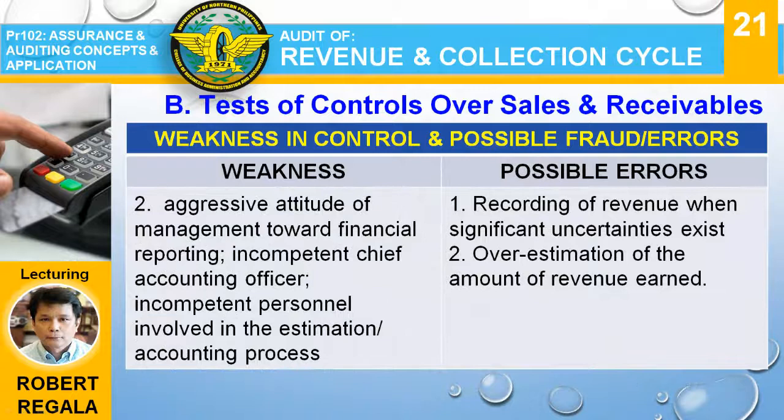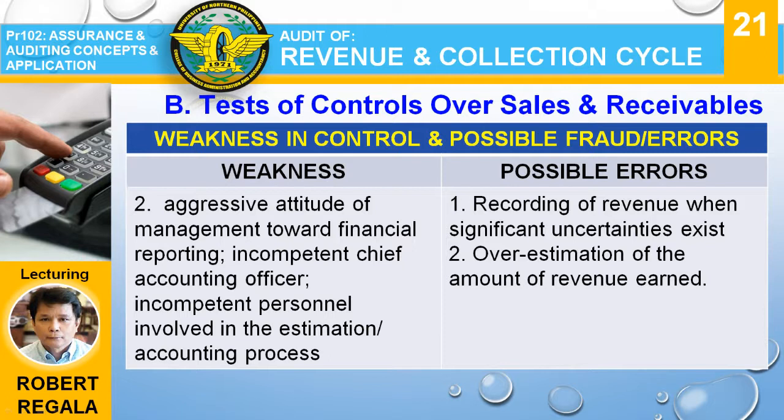Slide 21. Another weakness, second, that could be uncovered is the aggressive attitude of management toward financial reporting, an incompetent chief accounting officer, and incompetent personnel involved in the estimation or accounting process.